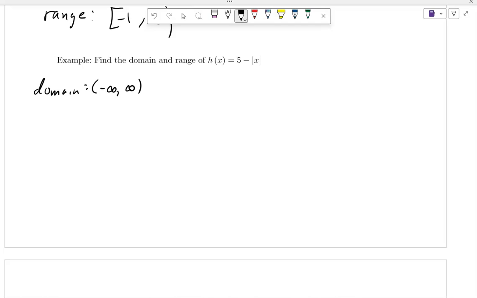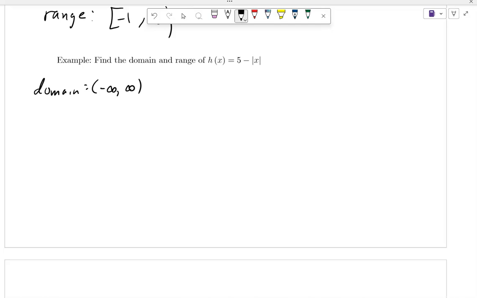So what's the smallest thing that you could possibly ever get out of an absolute value? 0, right? The smallest thing you could ever get out of absolute value is 0. Notice that we're subtracting things. If we subtract things that are getting bigger, then the answer gets smaller, doesn't it?